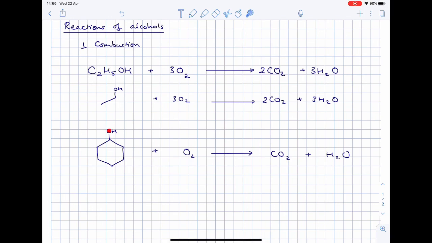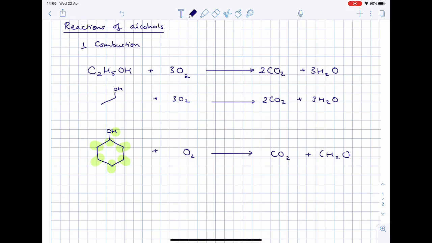So here we've got an example of cyclohexanol, and we can balance this equation using the skeletal structure of cyclohexanol rather than writing C6H12O, which would be the molecular formula. So in this case we have 2, 4, 6, 8, 10, 11, 12 hydrogens.